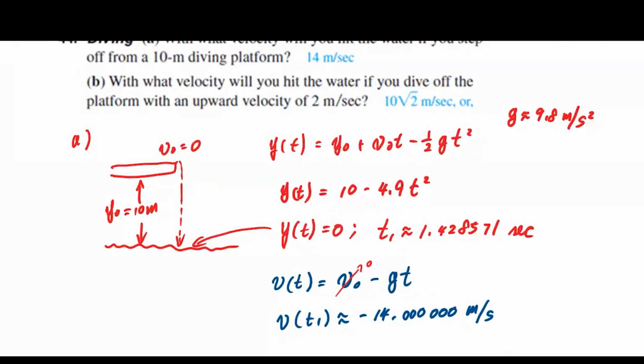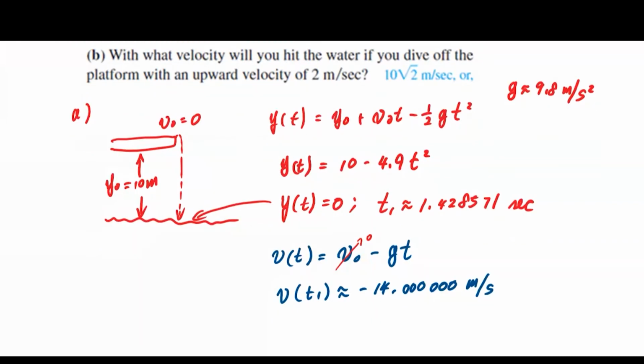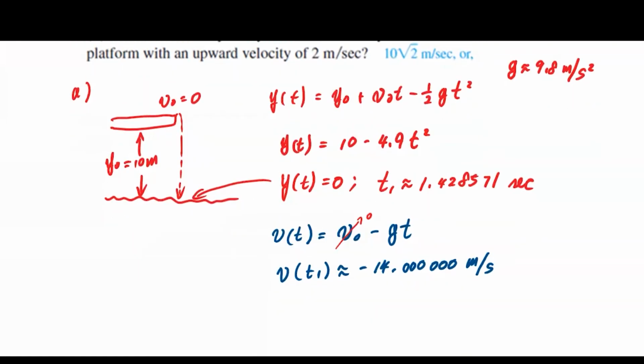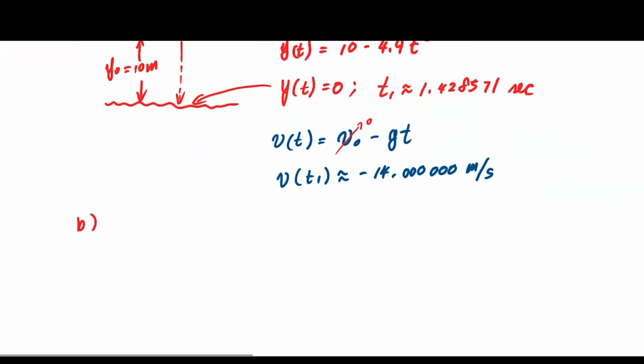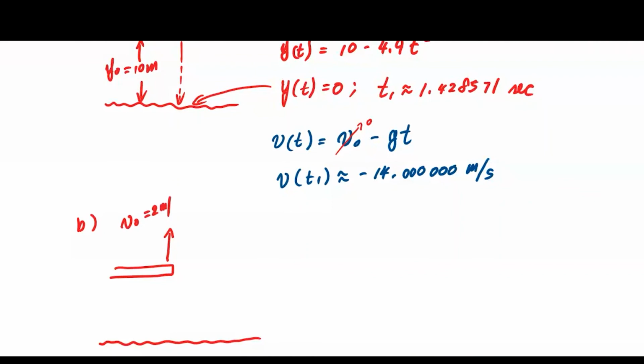Okay, now part B. Let's do part B. Going back to red. So part B, now she jumps, right? So the situation has changed a little bit. Here's a platform, and here's water underneath. She has an initial velocity upward, 2 meters per second.